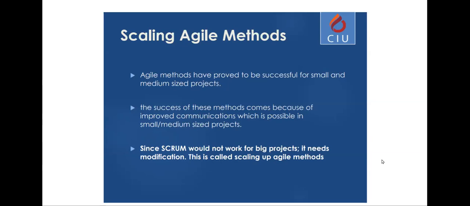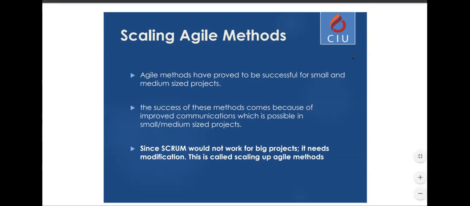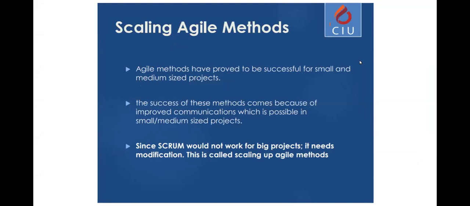After their success, after seeing how these methodologies work very well for people in the software industry, and the people feel valued, they can work on smaller tasks and actually feel a sense of achievement, and the version comes along, the big companies try to adopt these methodologies into their own agenda. And once you change that and apply it to big projects with modifications, this is called scaling up the agile method.